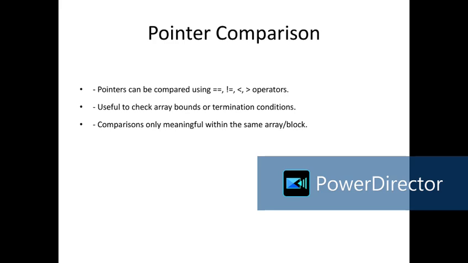One example: int arr[] = {1, 2, 3, 4, 5}; int *p = arr; int *q = arr + 3; if (p < q) { printf("p is before q"); }. This is useful when iterating through arrays without using index variables: while (p != q) { printf("%d", *p); p++; }. One warning is that comparison outside the bounds of the same array or allocated block is undefined. Always stay within the limits of what you allocated.